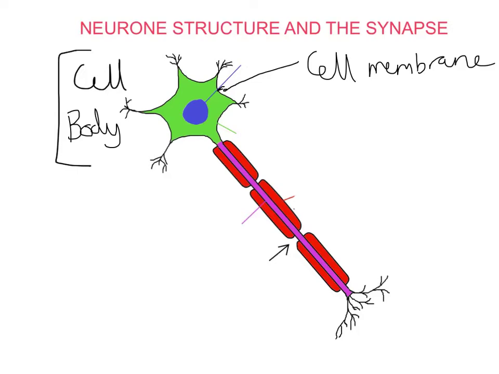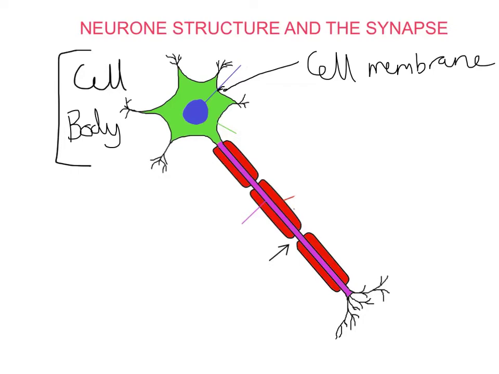Specifically in a nerve cell, the cell membrane actually has channels that let sodium and potassium in and out, and that actually leads to the impulse or the electrical signal that gets transmitted down the nerve. It's its means of communicating with another nerve, or essentially having one body part communicate with another. So the cell membrane controls what goes in and out, but specifically it has sodium and potassium channels that help to transmit a nerve impulse down this nerve.